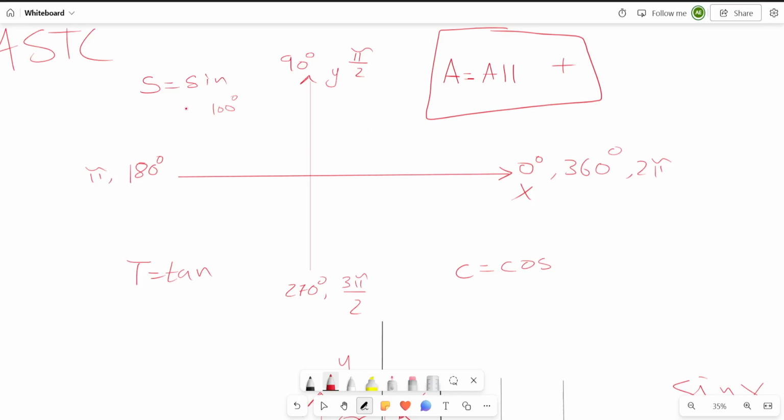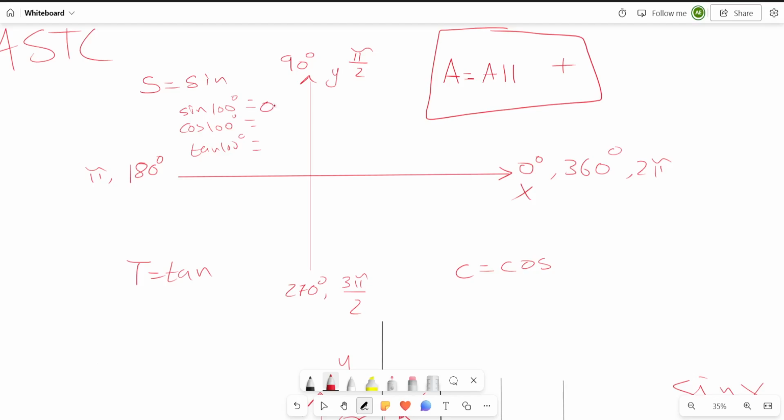Okay, so let's say we need to do sine 100, okay, and then we do cosine 100 and tan 100. Let's compare those three values. So from our theory, the sine is the only function that's supposed to give me a positive value when theta is 100.